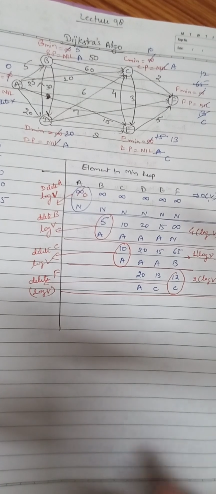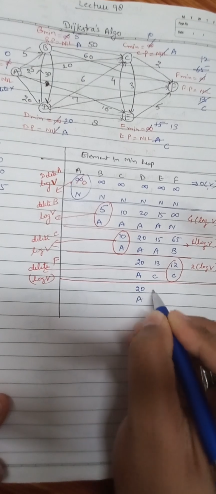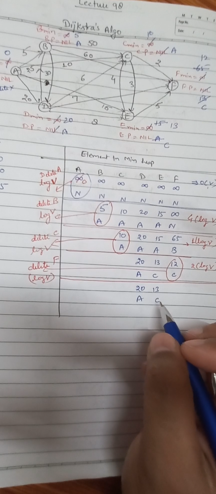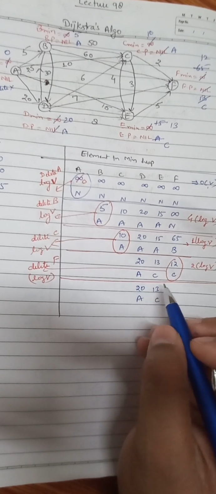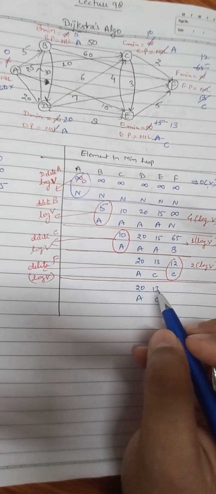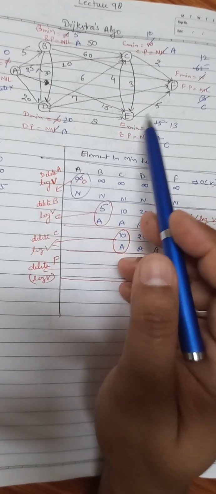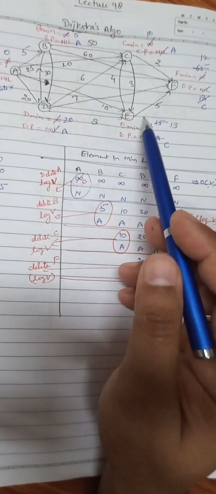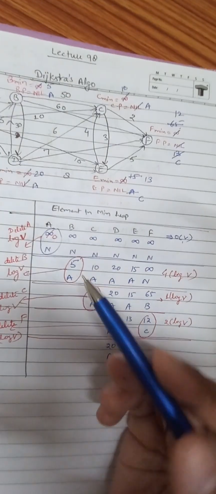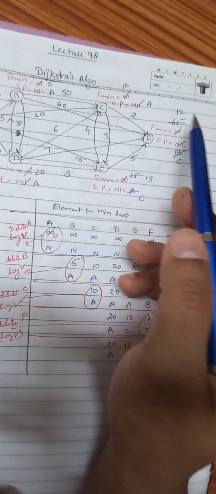Now what is left? 20A, 13C, right? So now which is left? D and E are left. If we are deleting E now, because E is the minimum one, there is no edge from E to F, so it is 13 plus 5, it will be more, so 12 is okay, no problem.